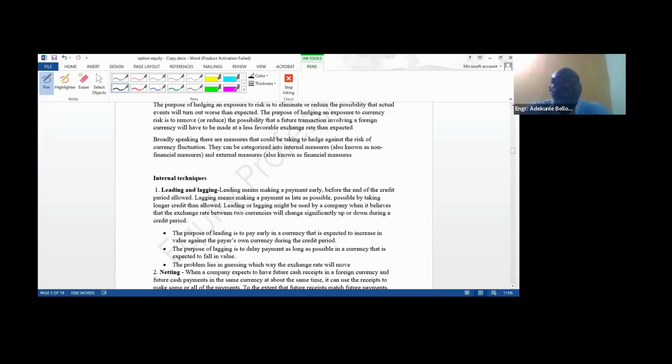To lead is to pay early, is to make payments early in a currency that is expected to increase in value against the payer's own currency, against the naira.